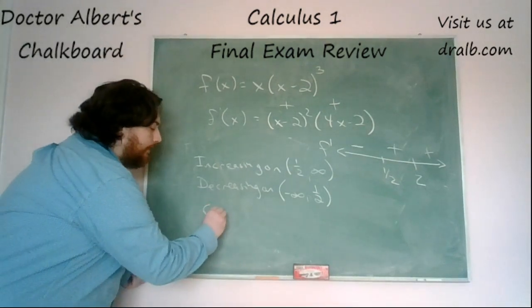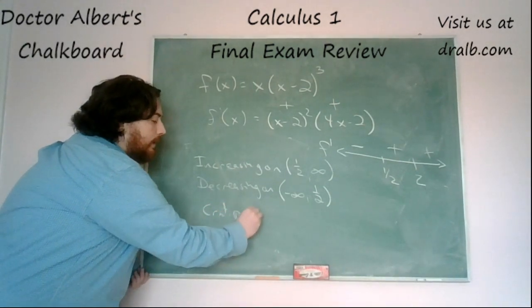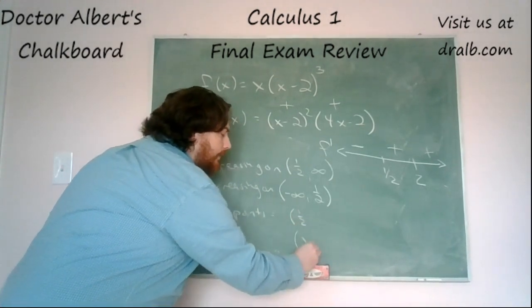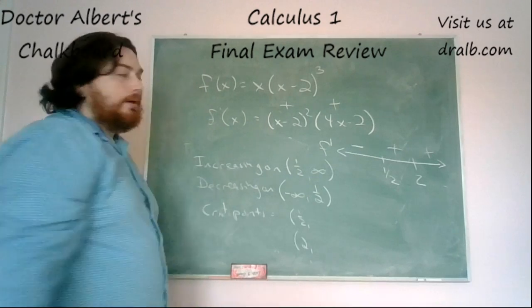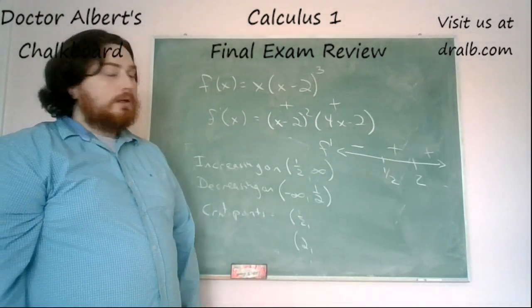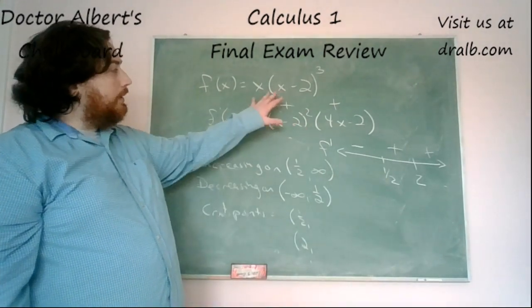Now, my critical points, I know the x values already are 1/2 and 2, but I still need to find the y values. So for a point, we need an x and a y value. To find the y values, we're going to want to plug in up here.